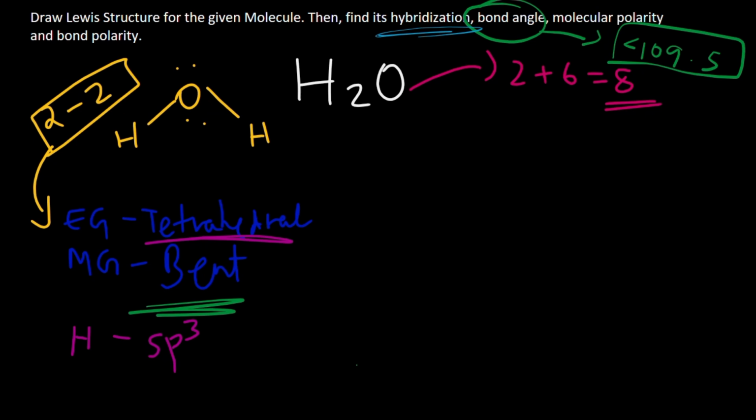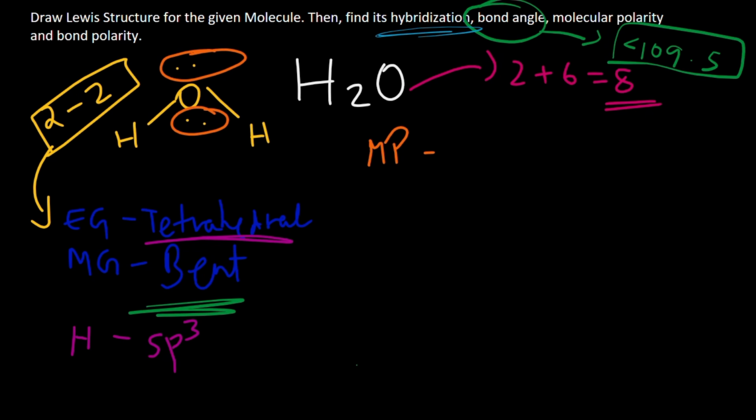For molecular polarity, I'm just going to abbreviate this as MP. I'm sorry, my handwriting is not that good. So molecular polarity is based on what? It's based on a lot of stuff. One thing is the lone pairs. If you have lone pairs like this, it's most likely to be polar.